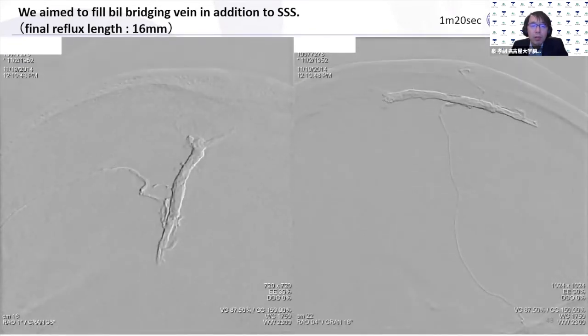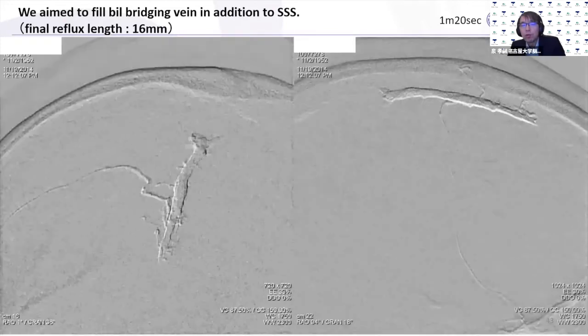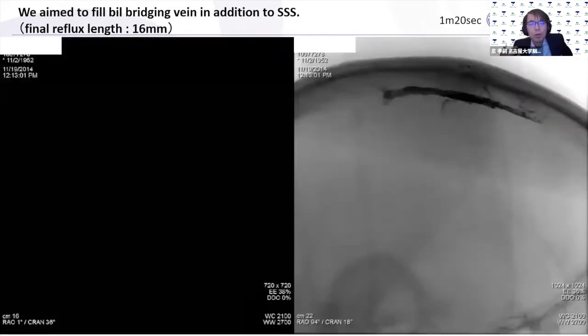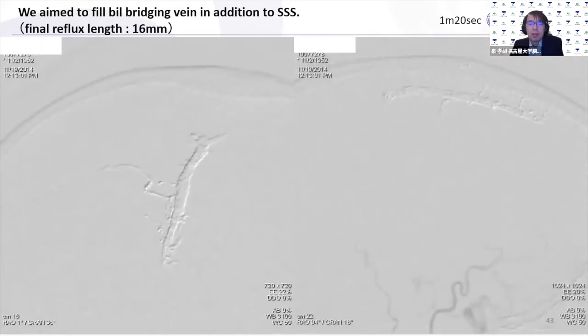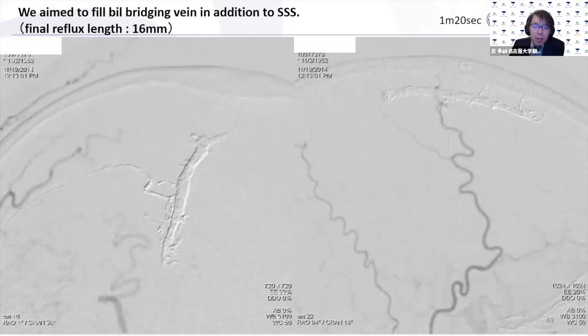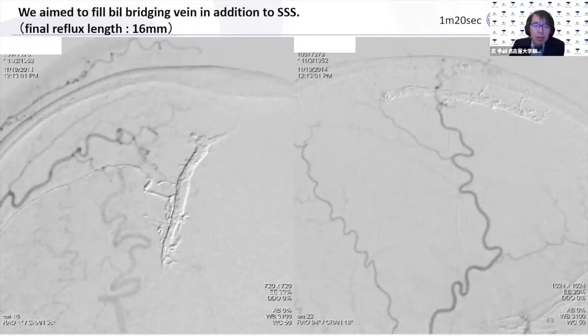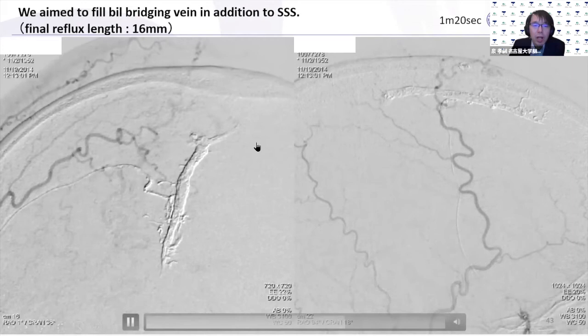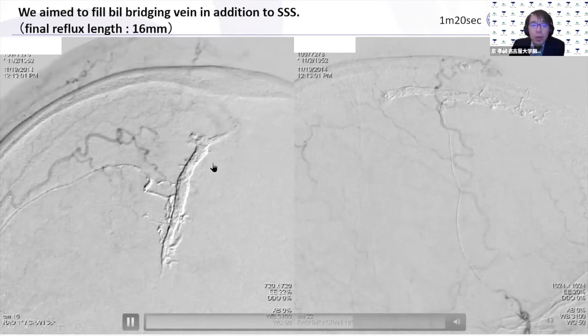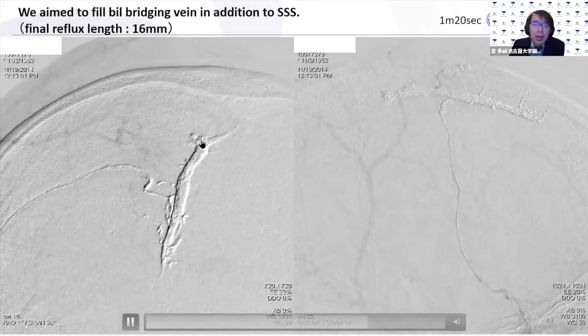Onyx is very weak in thrombogenicity. This is a different characteristic from NBCA. So we must pack the sinus and reflux to the vein.